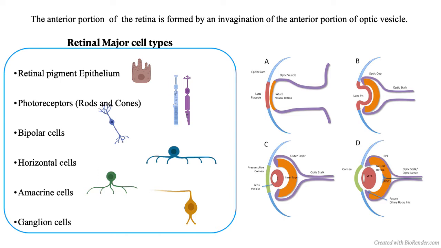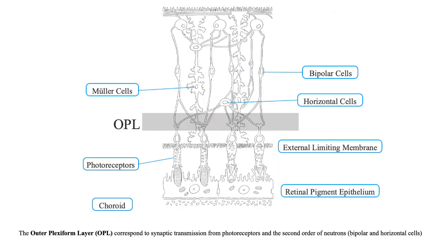We have photoreceptors like rods and cones, bipolar cells, horizontal cells, amacrine cells, and then at the end the ganglion cells. The outer plexiform layer corresponds to synaptic transmission from photoreceptors and the second order of neurons, which are of course bipolar and horizontal cells.